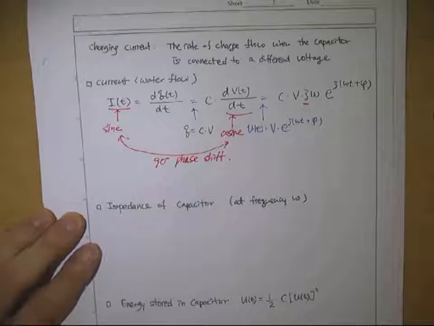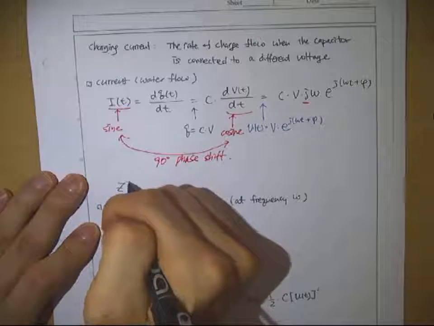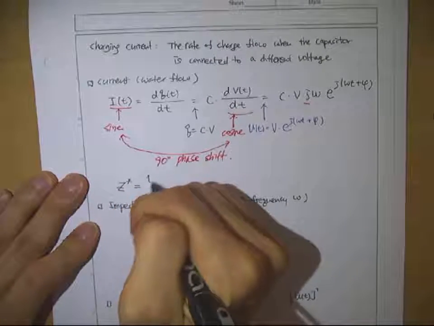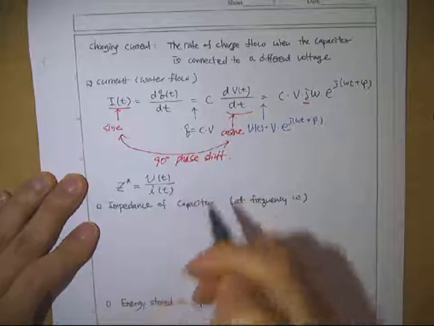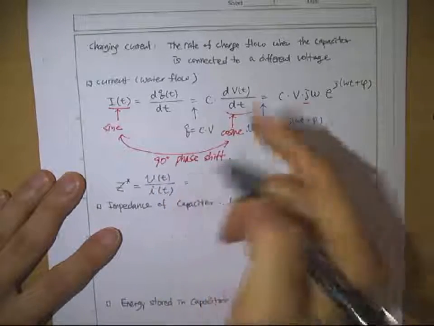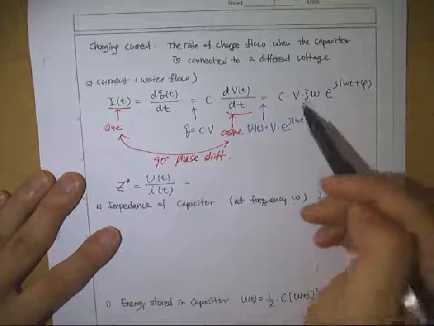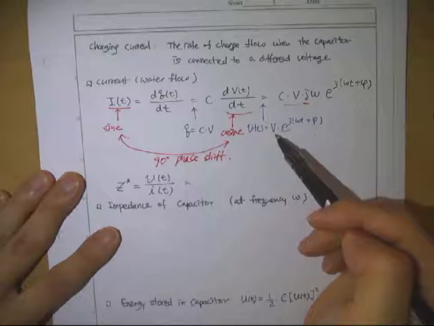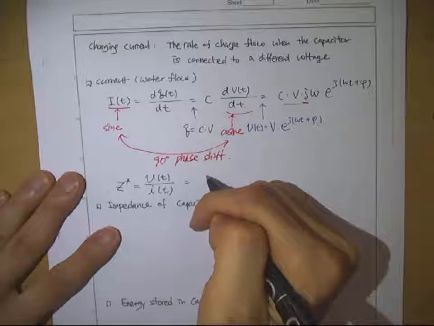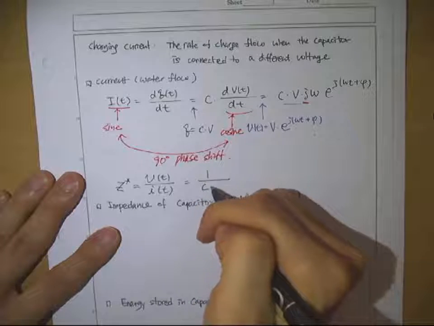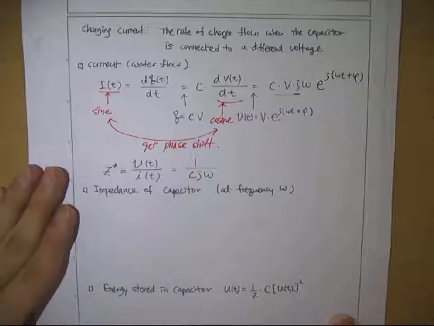So let's calculate the impedance. What will be the impedance of the capacitor? Voltage over current, so cause over effect. V is this one, and I is this one. So the V can be cancelled, and the only thing remaining is 1 over C j omega, right?